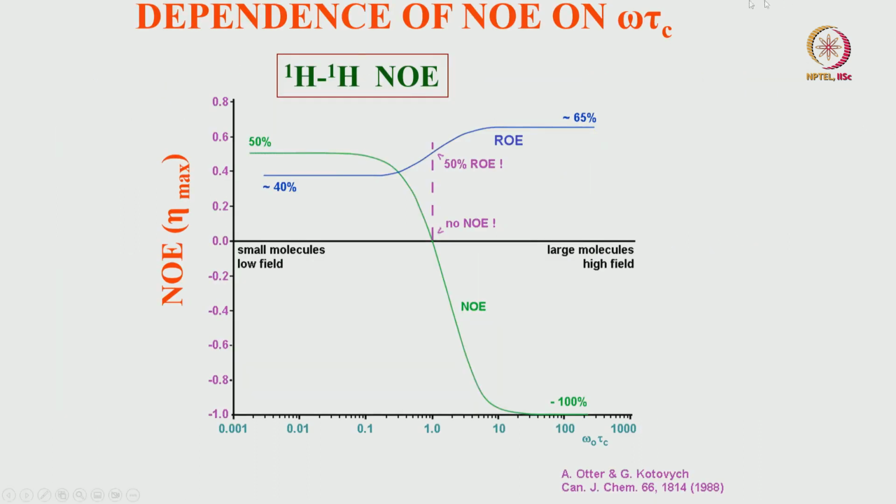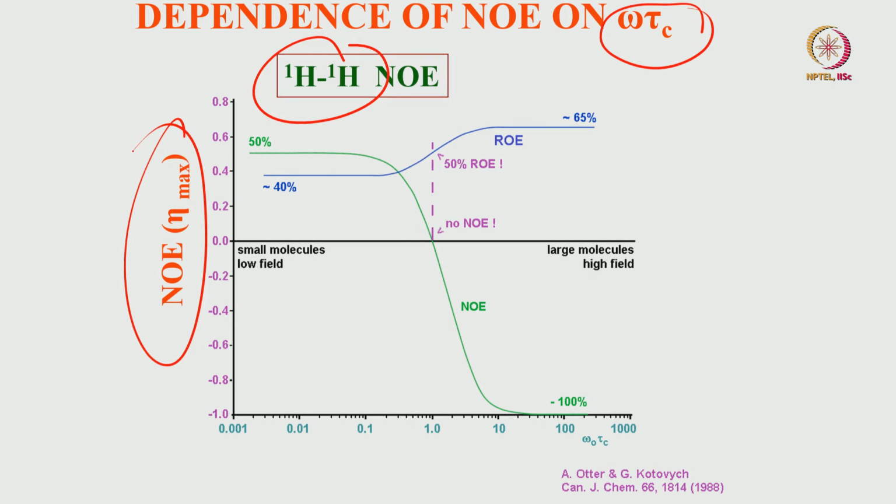Basically, if you draw a graph of homonuclear NOE between protons as a function of omega tau c, where omega tau c always comes as a multiplier, and plot the NOE, the curve appears like this.